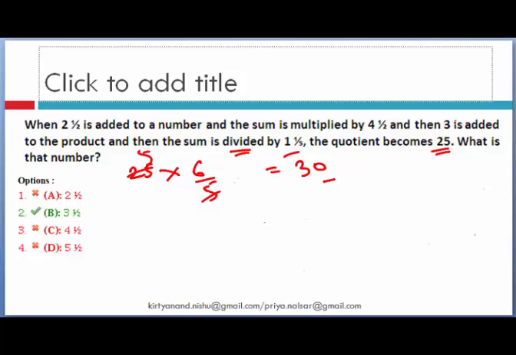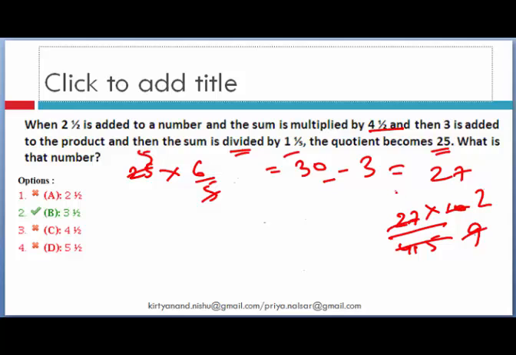Now 3 is added, so we will subtract 3. We get 27. Now the sum is multiplied by 4.5, so we will divide it by 4.5. It becomes 6. That is the number, and 2.5 is added to the number, so we'll subtract 2.5, which gives us 3.5.